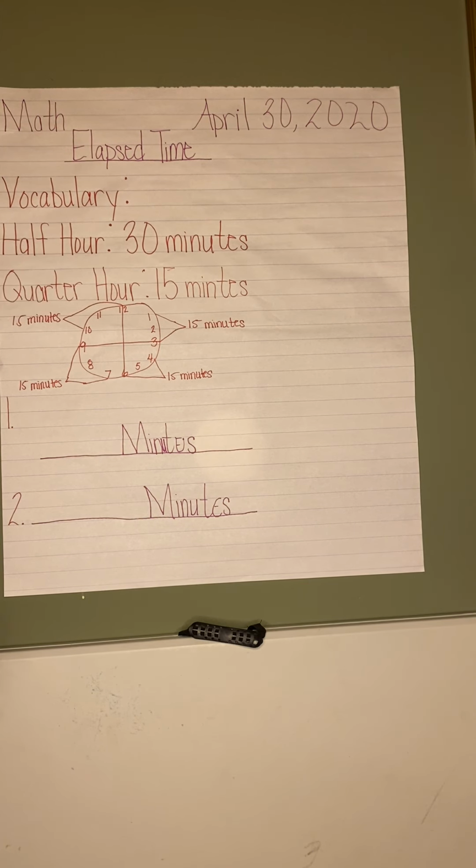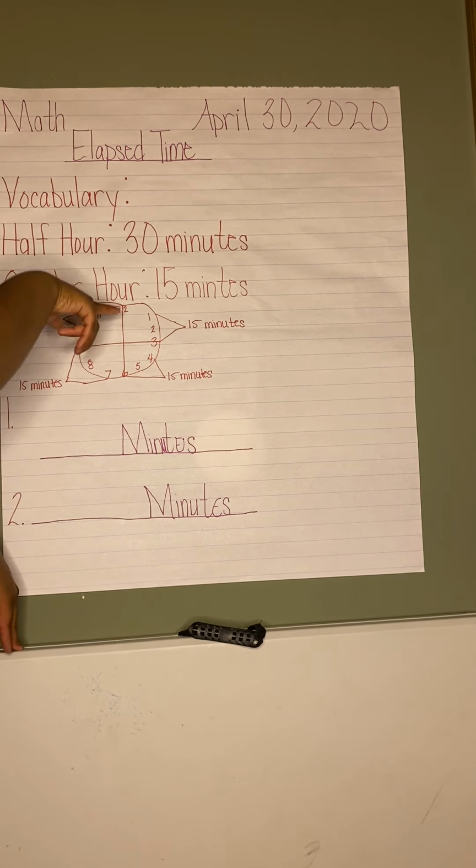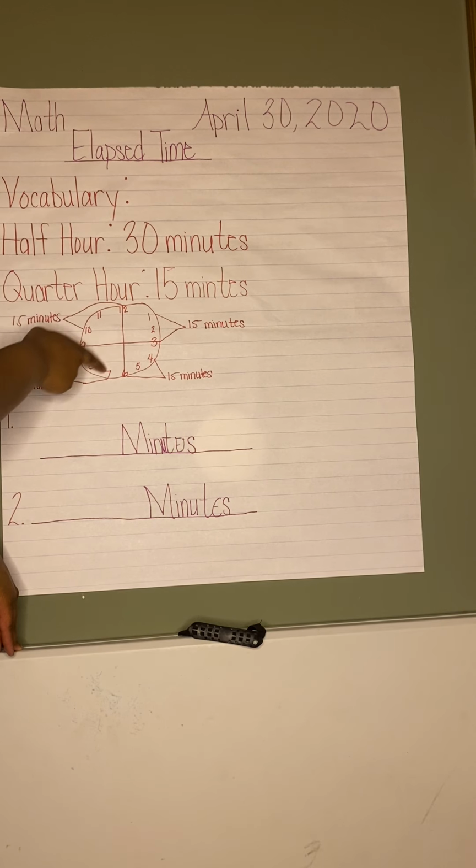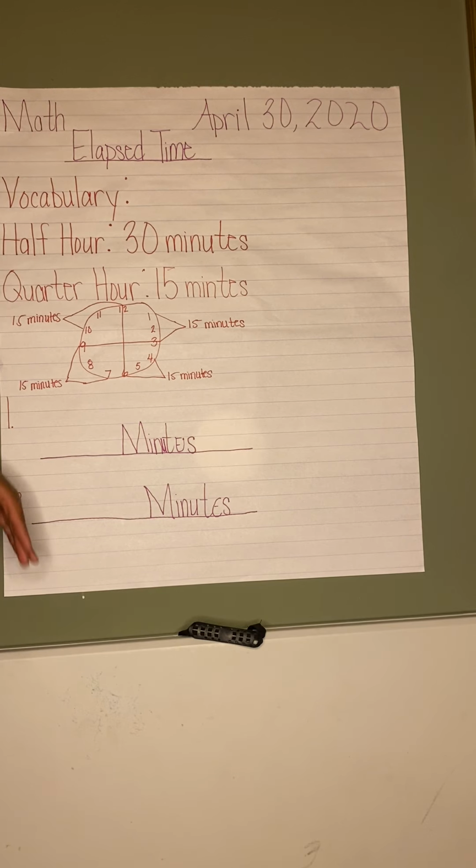And then quarter hour would be to divide your clock into 4 parts, which I have done here. When I evenly divide my clock into 4 parts, that means that 3 of the numbers are in each block. Also, when you think of quarters, in order to equal a whole value or a dollar, you need how many quarters?